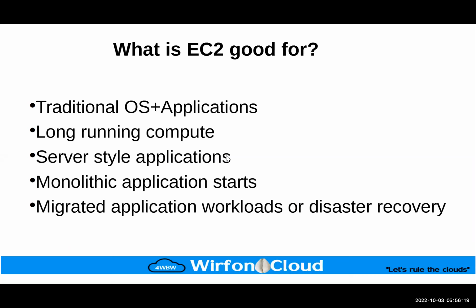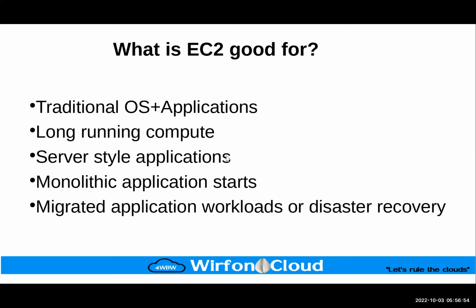So what is EC2 good for? For most companies that are moving to cloud, they have their traditional operating systems and applications, and they will easily use EC2 because they already have their applications running in a traditional operating system. You can easily move them to AWS and run them on EC2.